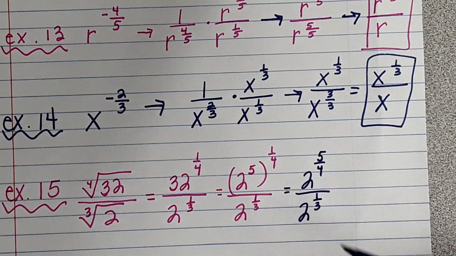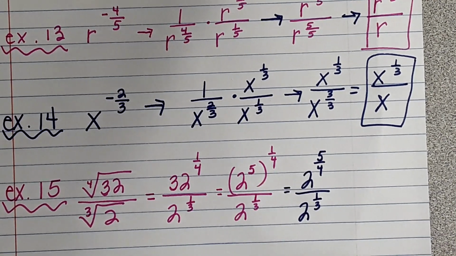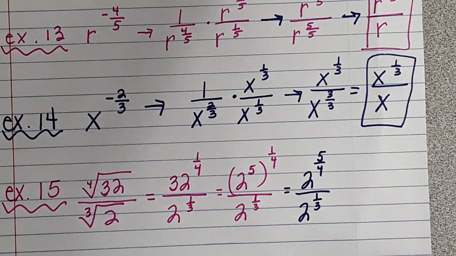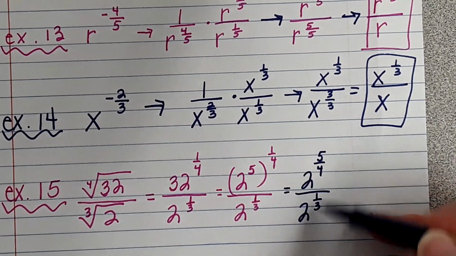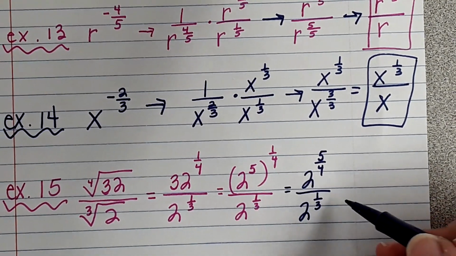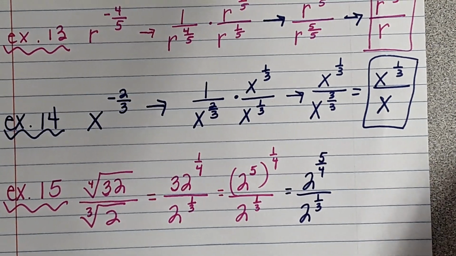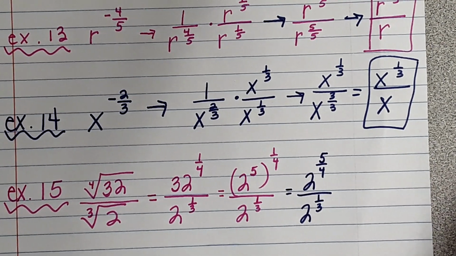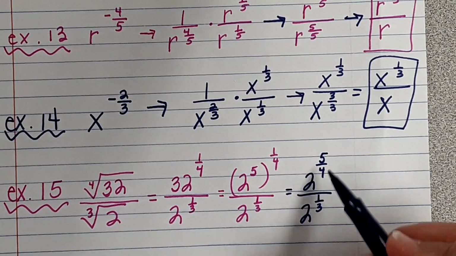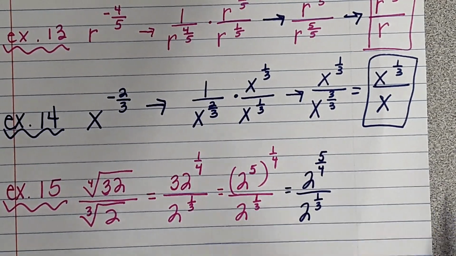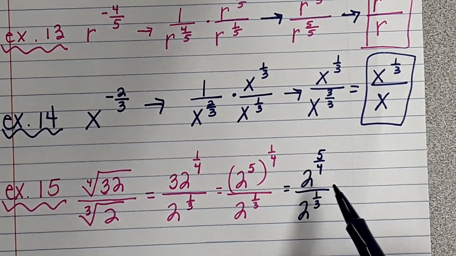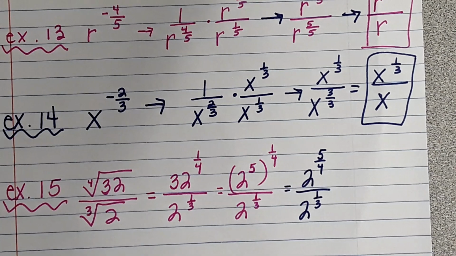Now, you guys, I actually can divide the 2's, and since the bases are the same, it's a fraction, we're going to subtract the exponents. But what's wrong with the exponents? The denominators are not the same. You have a 4 and you have a 3. So how can I make 5/4 and 1/3 both have the same denominator?